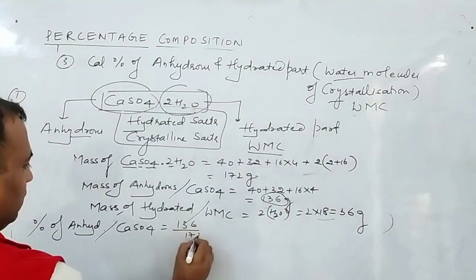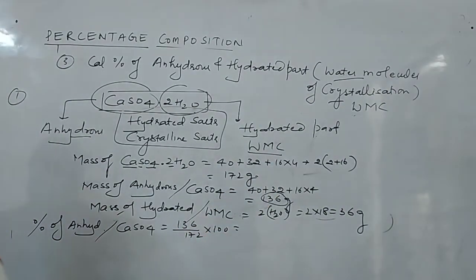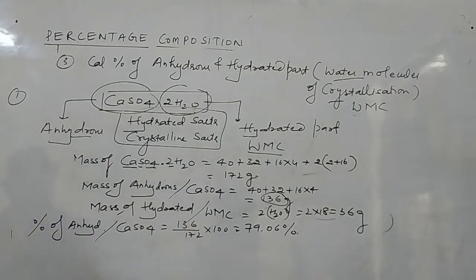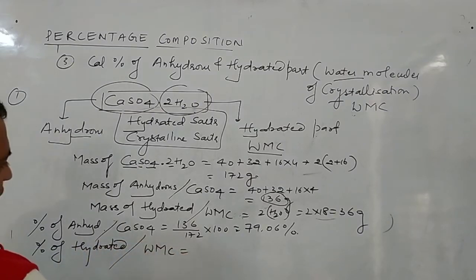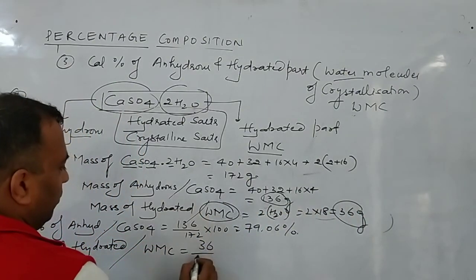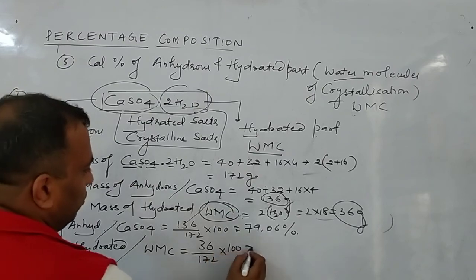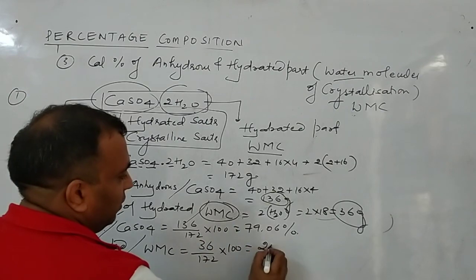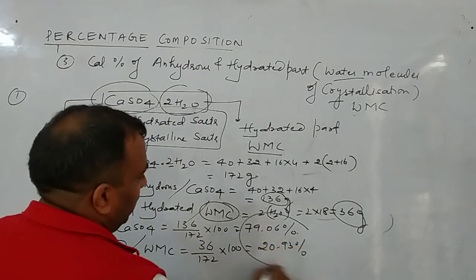Total mass 172 into 100 comes out to be 79.06%. Okay. Similarly, we will calculate the percentage of hydrated or water molecule of crystallization. So water molecules का mass कितना है, 36 upon total mass 172 into 100. On simple multiplication division, what I get, this comes out to be 20.93, and on adding this comes out to be 100.